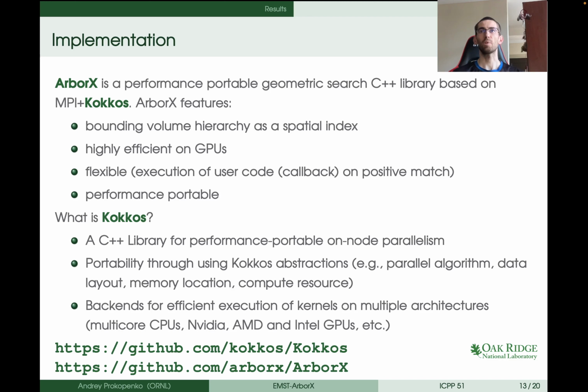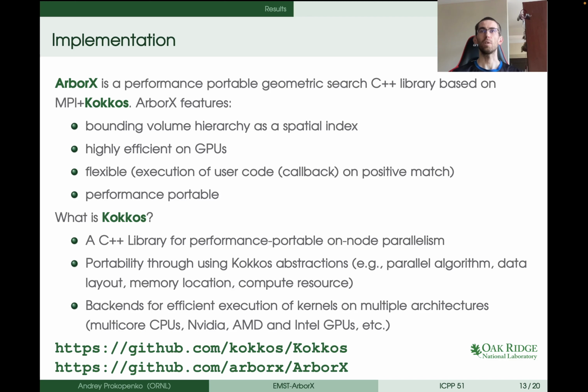Essentially, Kokkos library abstracts the underlying physical hardware, such as multi-core CPUs or different kind of GPUs, from the user. So we program to the Kokkos model, and it allows us to run on a variety of the hardware.